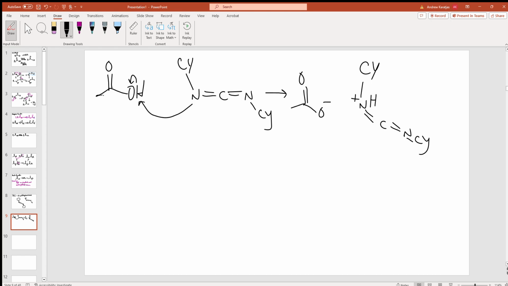Very much like the protonation of a carbonyl for nucleophilic attack, we've essentially done the same thing here. We've activated that carbon in DCC for a nucleophile, and it's going to be this O minus that will attack here, shift the electrons up onto nitrogen.